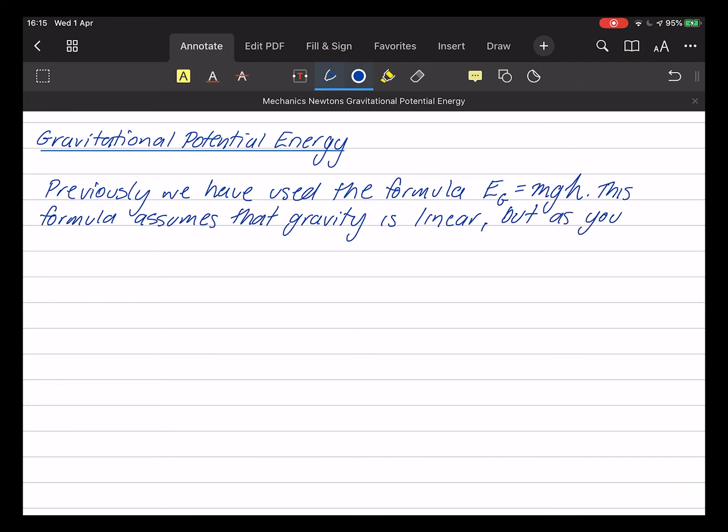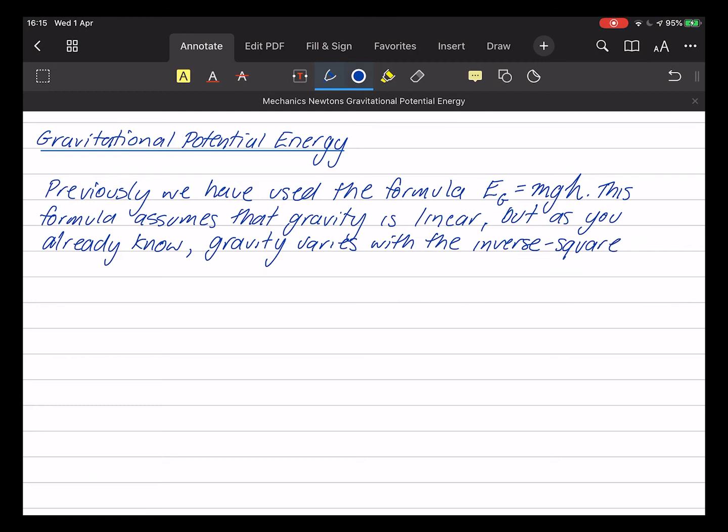But as you already know, gravity is a point source in 3D space, radiating as spherical shells. So gravity varies with the inverse square.